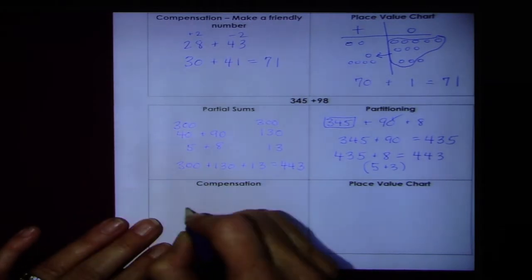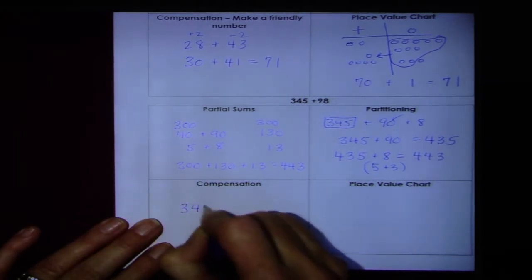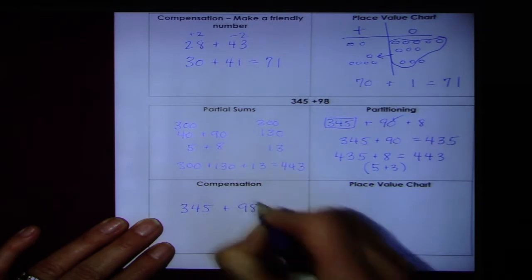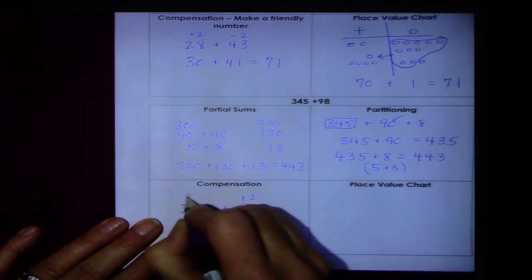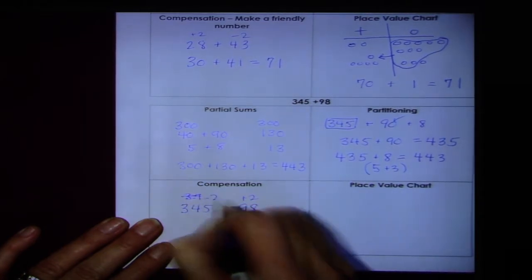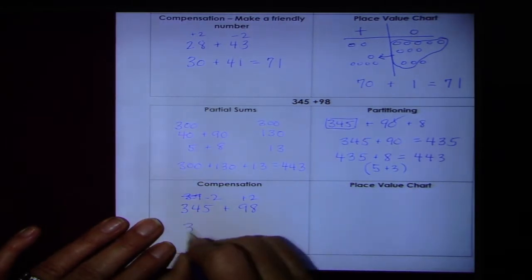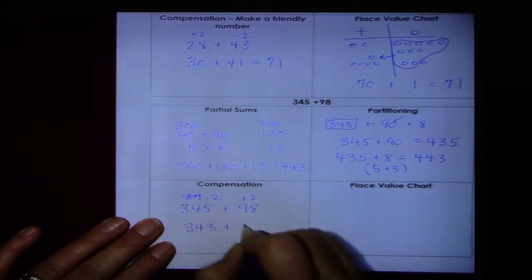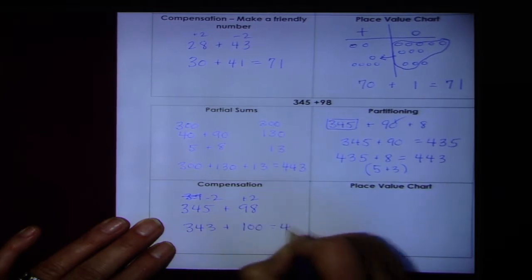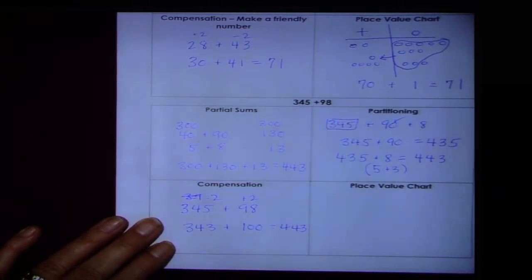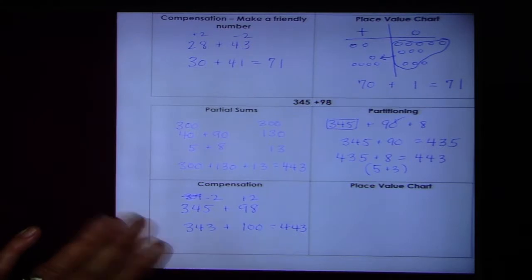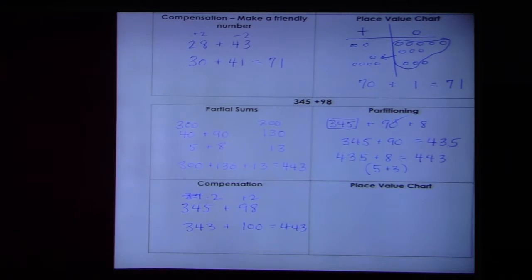So compensation, okay, I can get that to 100, that would make my day. That means I have to take away 2 from here. 343 plus 100 equals 443. I want to remind myself, when we get to the very end, I'm going to show you this arrow notation, which would show what she said beautifully.